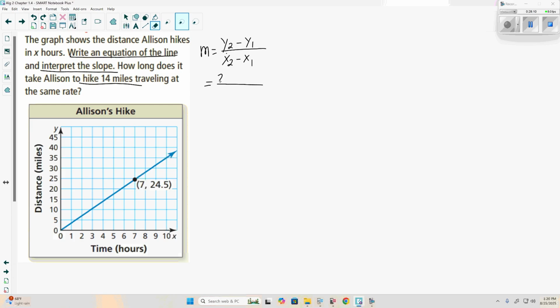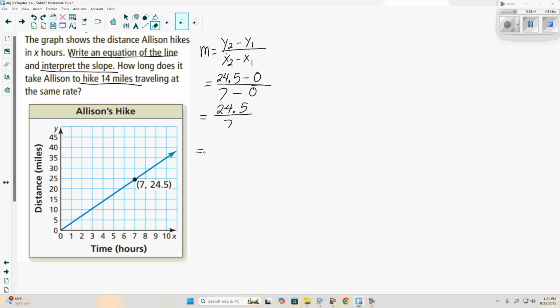So one of the y values is going to be 24.5 minus, its corresponding x value is 7. What's another y value they gave us? 0, 0, yes? Now we can subtract it like we did before, giving us 24.5 over 7.